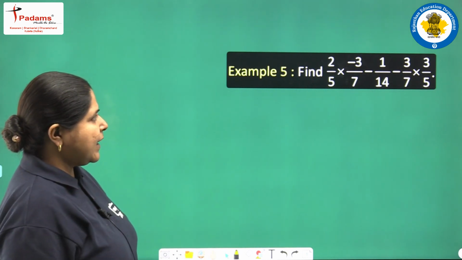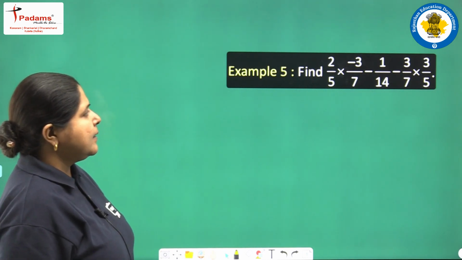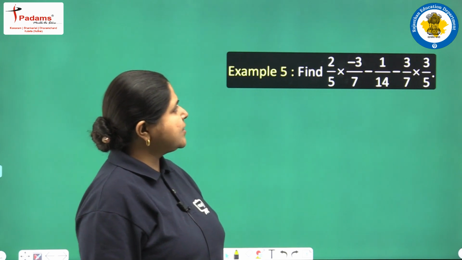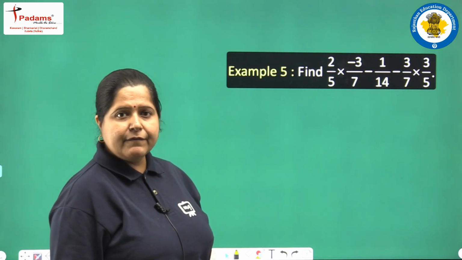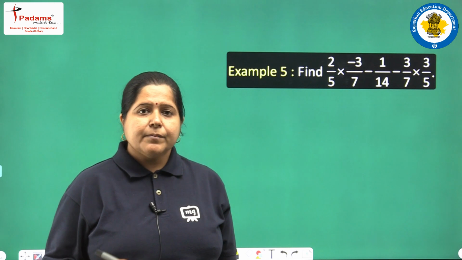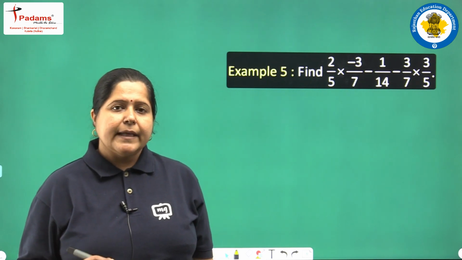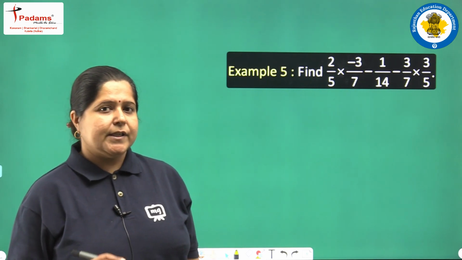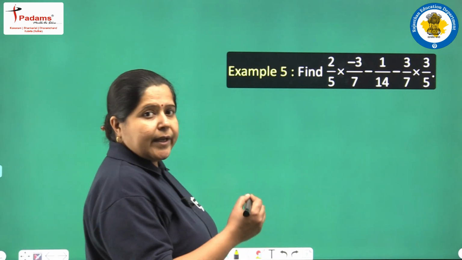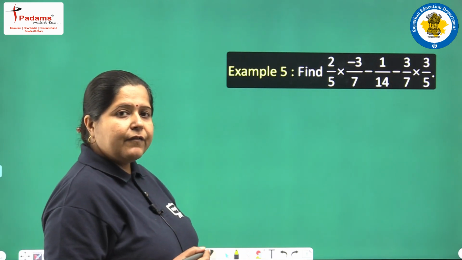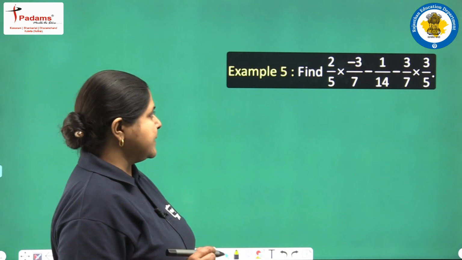Find 2 by 5 into minus 3 by 7 minus 1 by 14 minus 3 by 7 into 3 by 5. Let us first make it clear in our mind how many terms are being used here. On looking at it simply, we find that there are 5 terms, but it isn't the case.